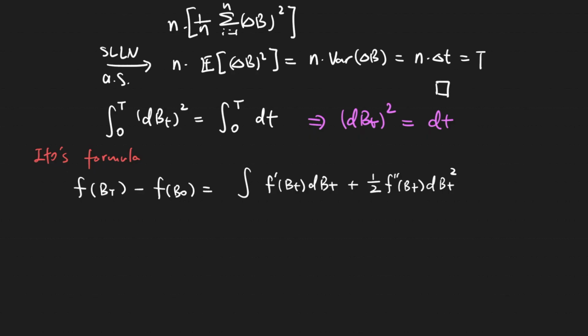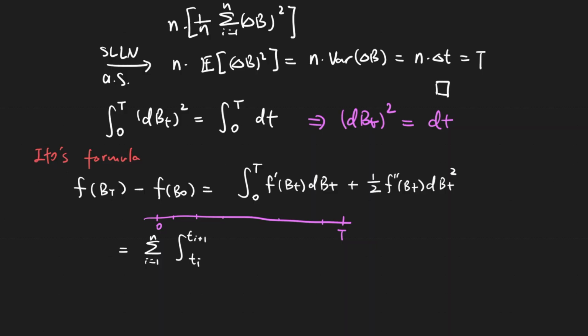The idea of the proof is that we can discretize the integral by breaking it down into n intervals. This is from 0 to t. You can break it down into n pieces. So we can say this is equal to the sum of i from 1 to n, and then we'll have the integral from t_i to t_{i+1}.